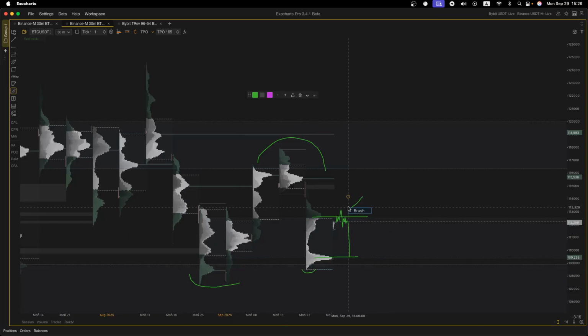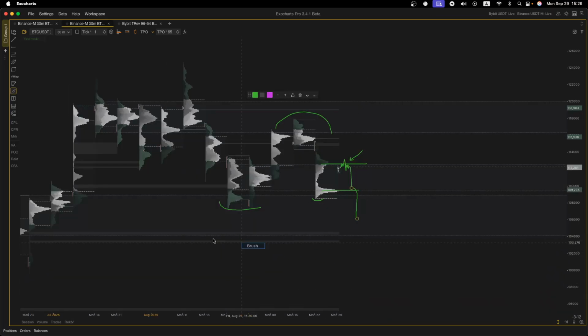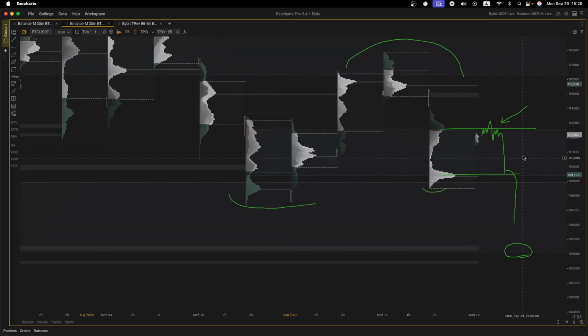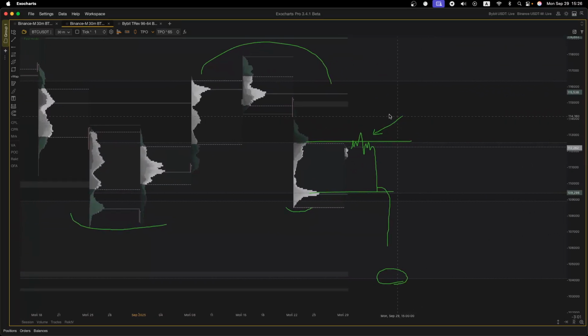I think this rejection could potentially lead to a further downside move towards 104, actually, which is our prior 7-week value area low, right? So 112k, again 112.5 remains our area of interest.